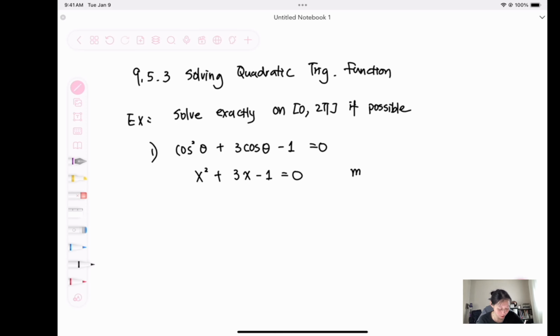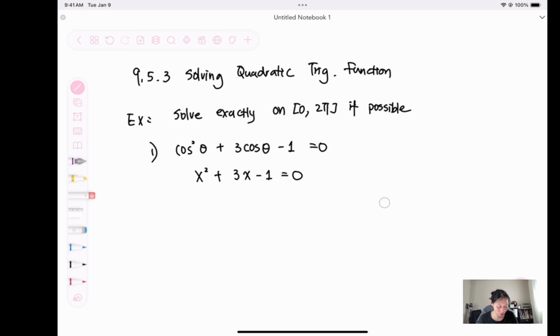The AC method says that I want two numbers that multiply to -1, and when they add they equal 3. Well, I couldn't think of any numbers that will work, because when multiplied you only get 1 and -1, and when they add it is not equal to 3.